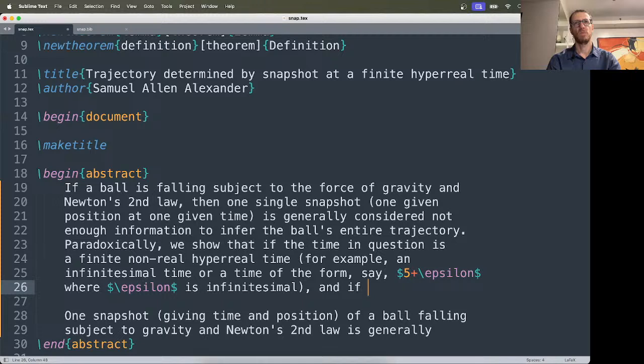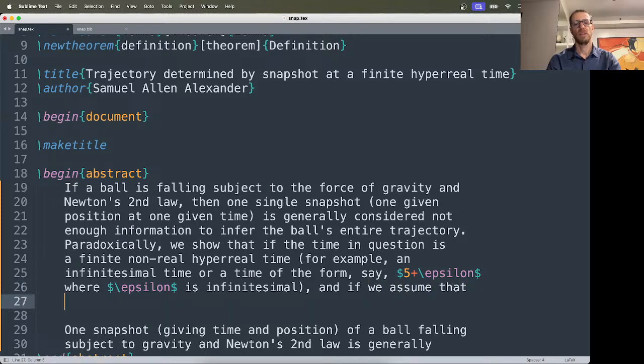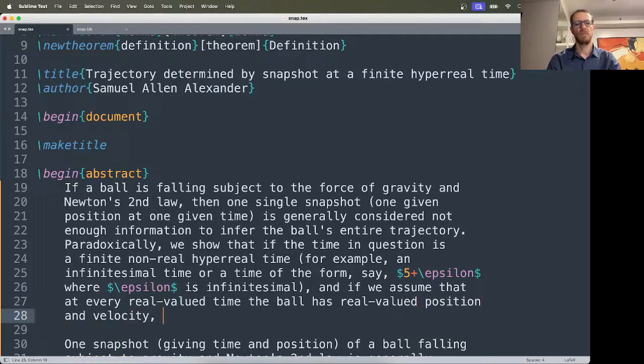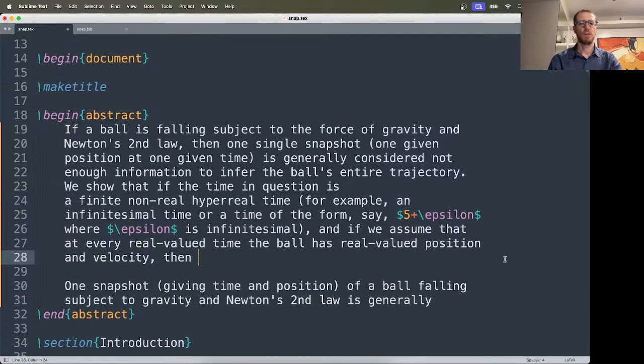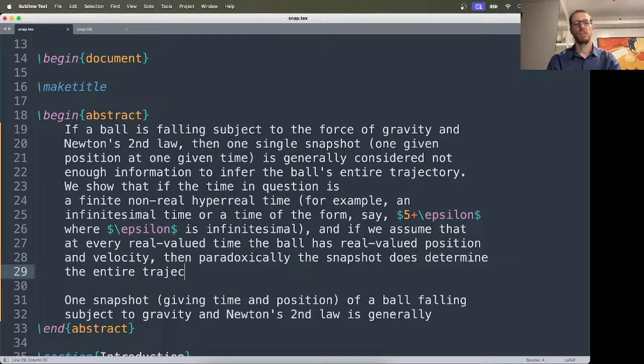And if we assume that at every real valued time, the ball has real valued position and velocity, let's see, strike paradoxically at the beginning of the sentence, put it here on line 28, then paradoxically the snapshot does determine the entire trajectory.